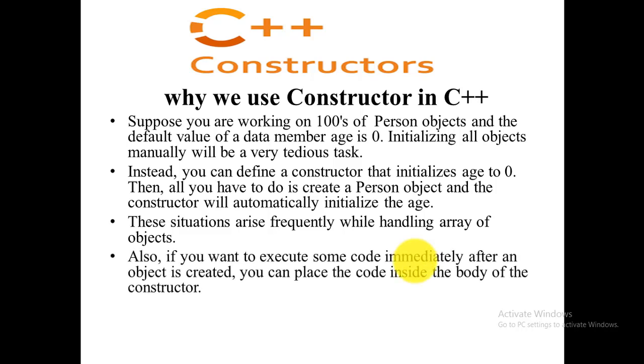Also, you may want to execute some code immediately after an object is created. For example, we may wish that when we create an object, a file is automatically opened. When we create an object, a form is displayed on the screen. When we create an object, a prompt is displayed on the screen asking the user for a value. So if we want some default settings to be established and shown on the screen when an object is created, then we use the constructor.